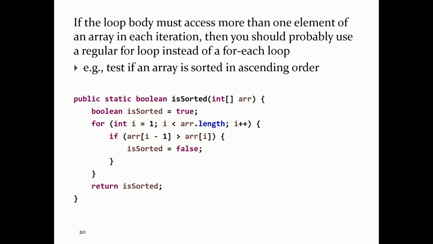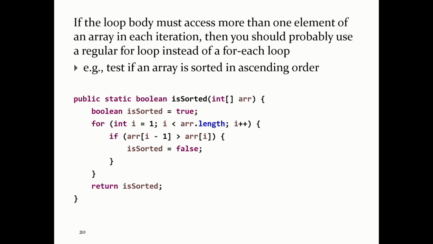If I want to test whether an array is sorted or not, I need to look at the first element and the second element. Is the second element bigger than the first element? If so, keep on going. Or is the second element smaller than the first element? If yes, then the array is not sorted in ascending order. So I need to compare two elements of the array on each iteration of the loop.